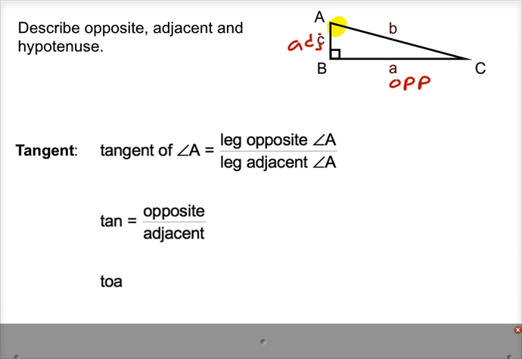And sometimes we even just shorten that up to TOA, tangent equals opposite over adjacent. So if I was looking at the problem up here, I could say that the tangent of angle A is the opposite side A over the adjacent side C.